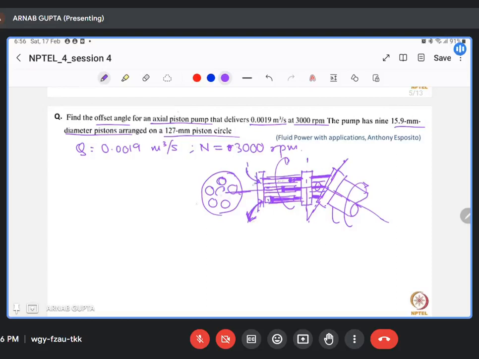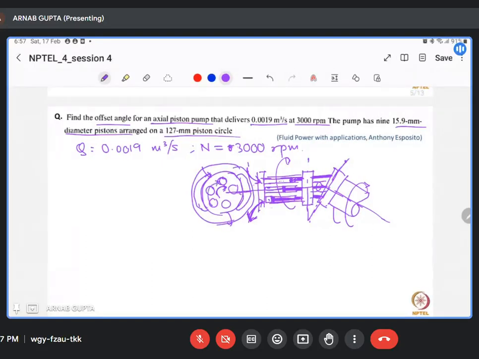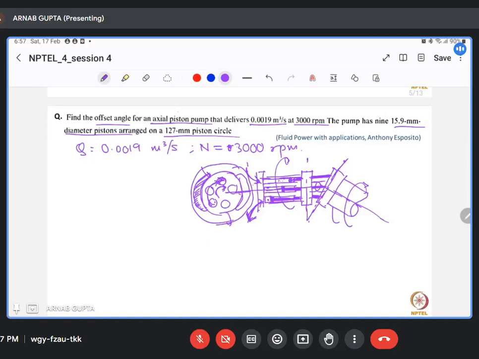So suppose this is rotating like this, then you have the suction happening here and the discharge happening on this side. It is better to show the inlet and outlet sides. From here to here, the volume is increasing, right? So from this side the liquid will get sucked in.